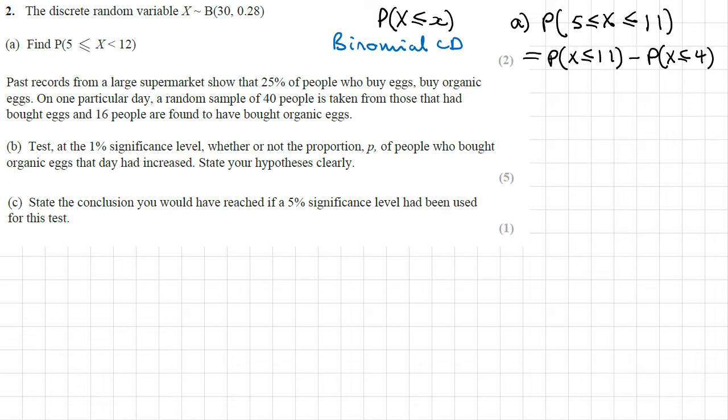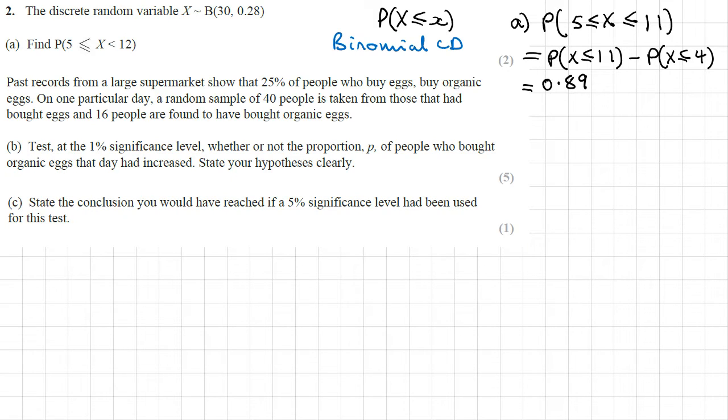Okay, so using binomial CD for the first one. Now I'm going to write my decimals on the calculator correct to 4 decimal places, because I'm going to give my answer to 3 significant figures, which is basically going to be 3 decimal places for a probability question.